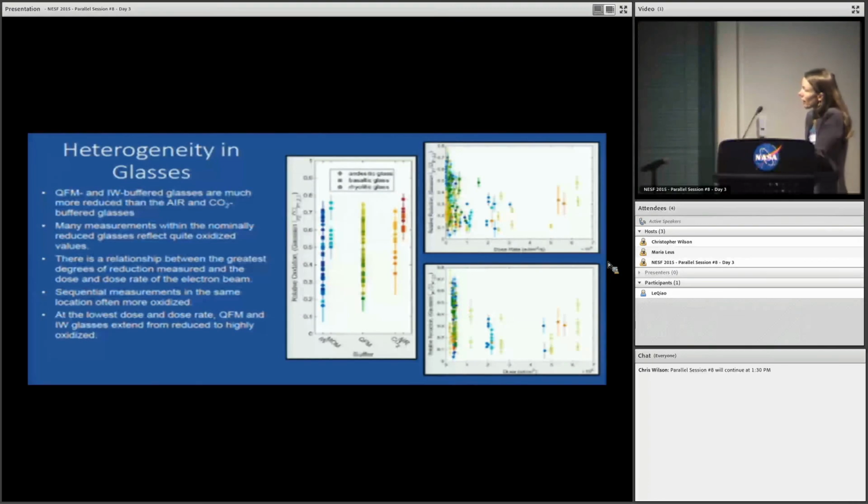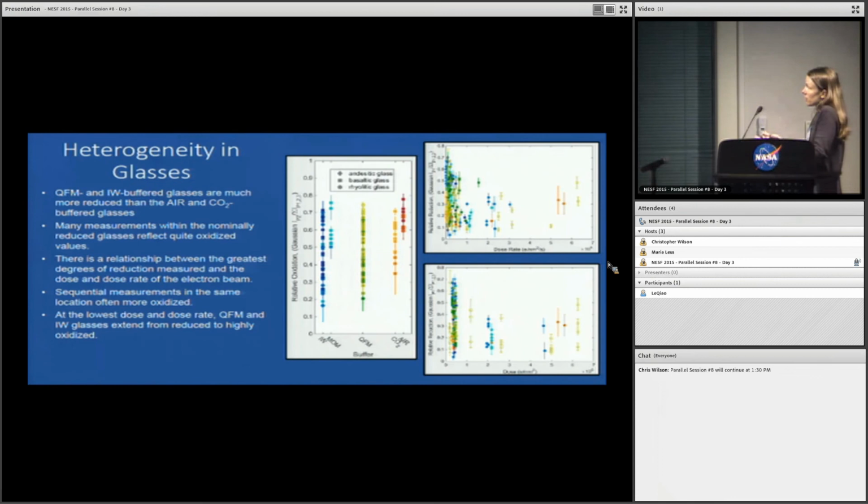And so here I have the different oxidation states and the relative oxidation. The air ones are relatively tightly grouped and all quite oxidized. And at iron wüstite and QFM, there are quite a few reduced samples, but also a number of oxidized samples.